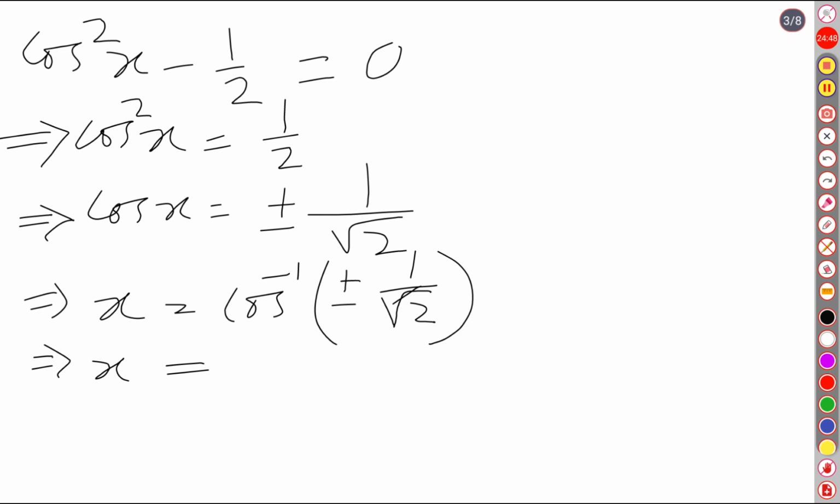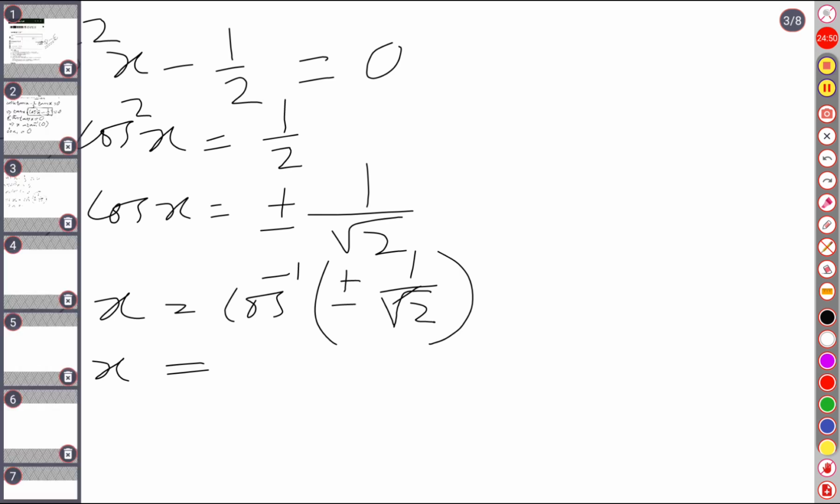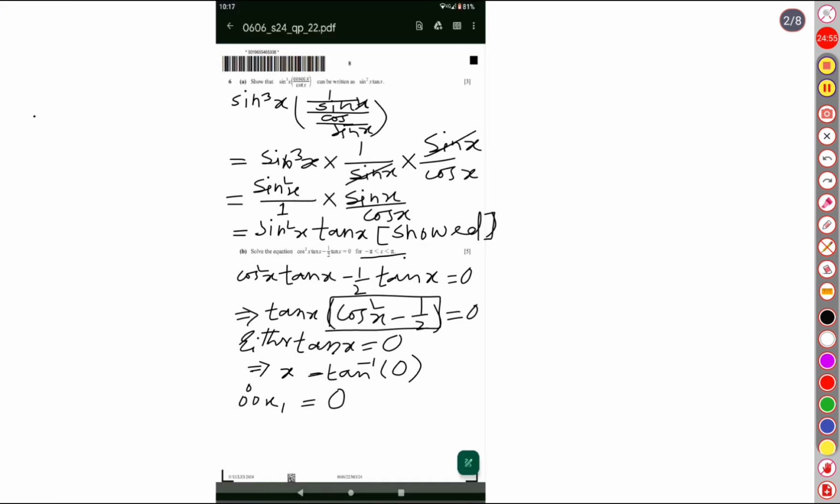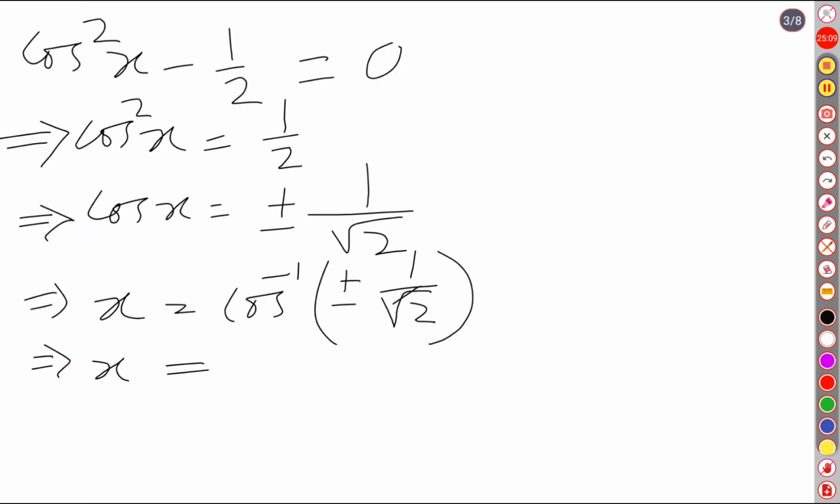Let us go back to our domain. What was the domain? Domain was from negative pi to positive pi, negative pi until positive pi.